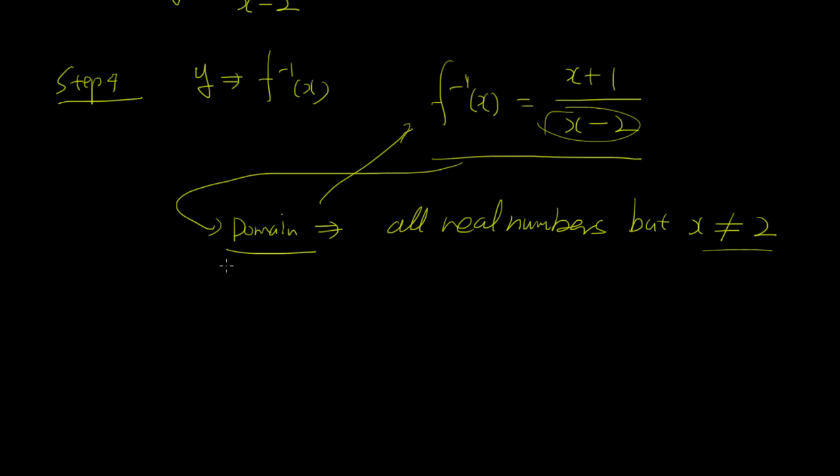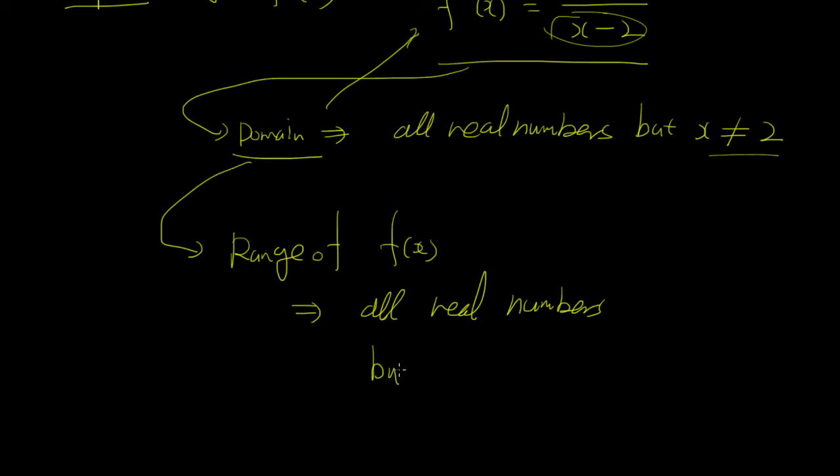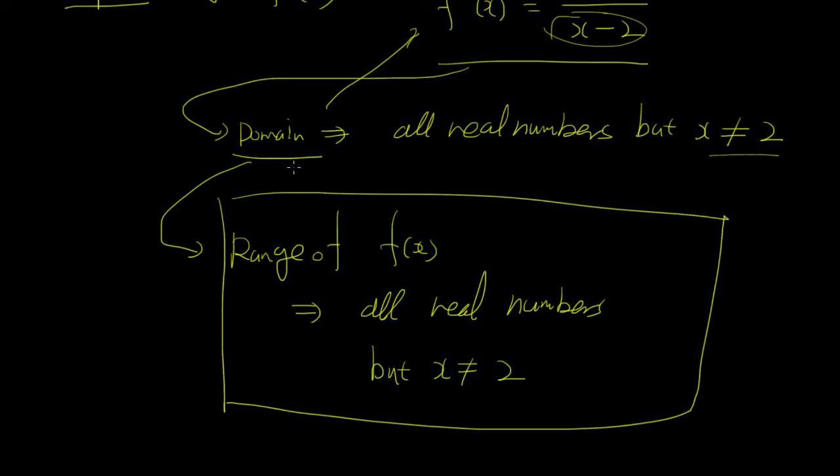That domain of this inverse function would be the same as the range of f(x), which is the original function. So all real numbers, but x cannot be equal to 2. That's the range of the original function, right?